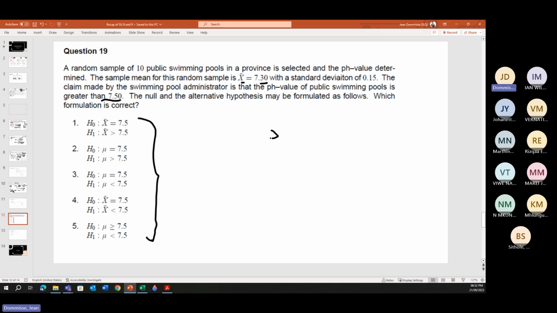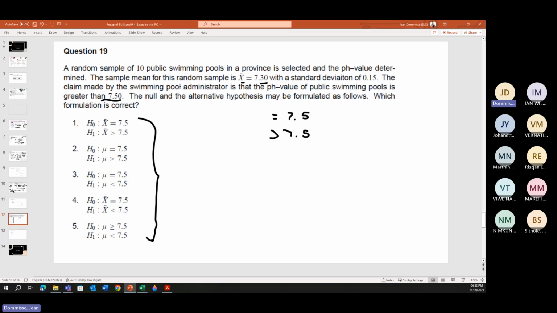Okay, so greater than 7.5. The null and alternative hypothesis may be formulated as follows. Okay, so your null hypothesis will say it is equal to 7.5. Your alternative hypothesis will say it is greater than 7.5.